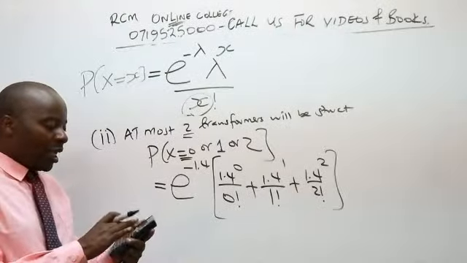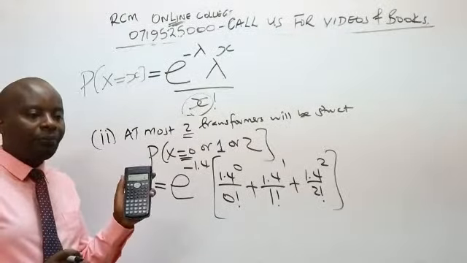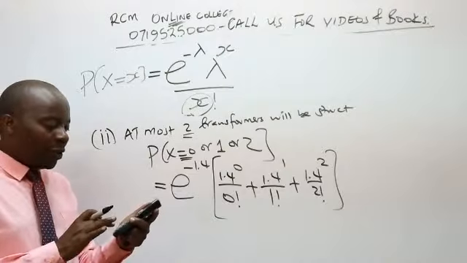So first of all, E. So we have shift E, minus 1.4. You say equals first.